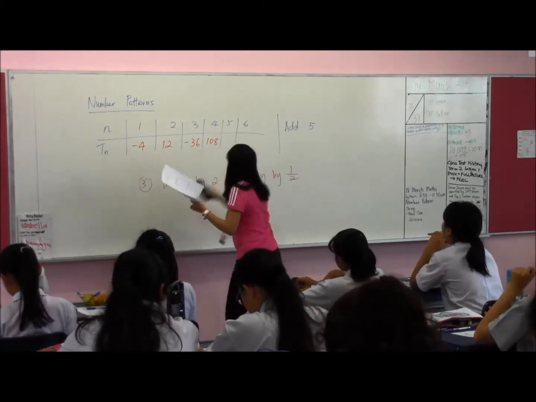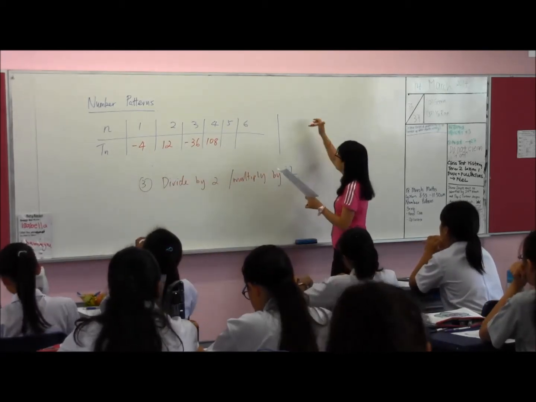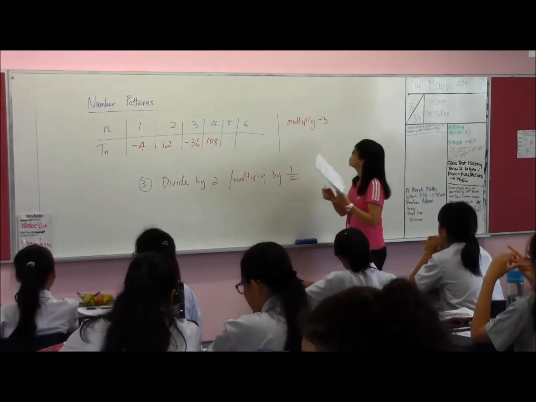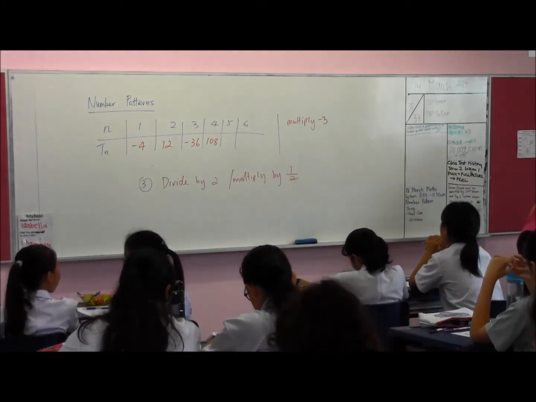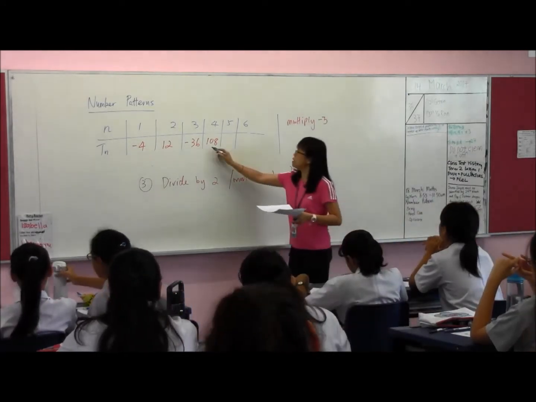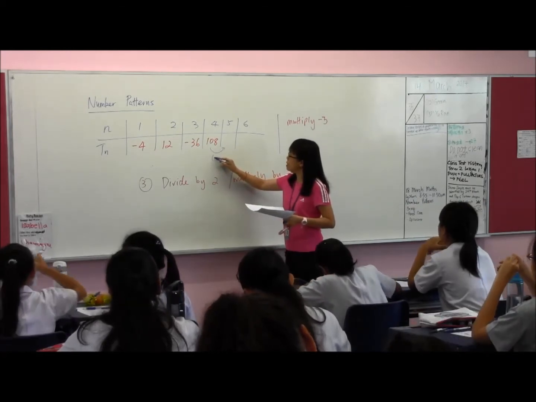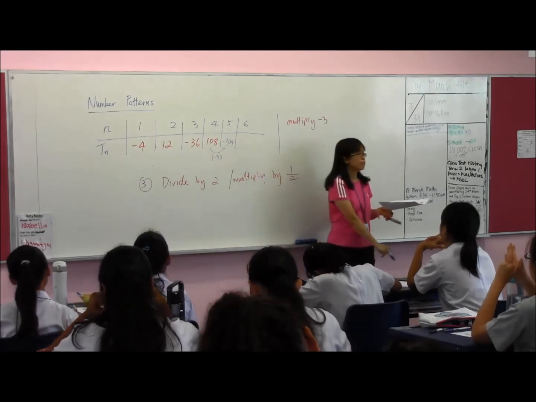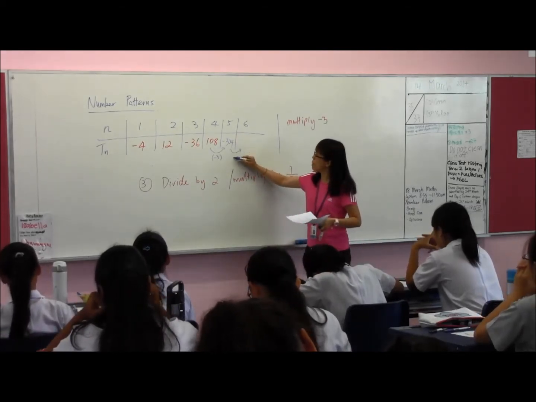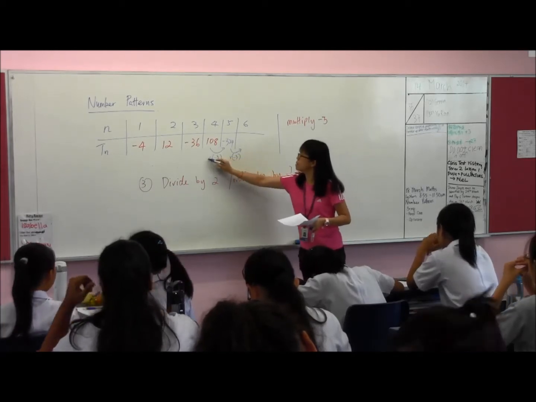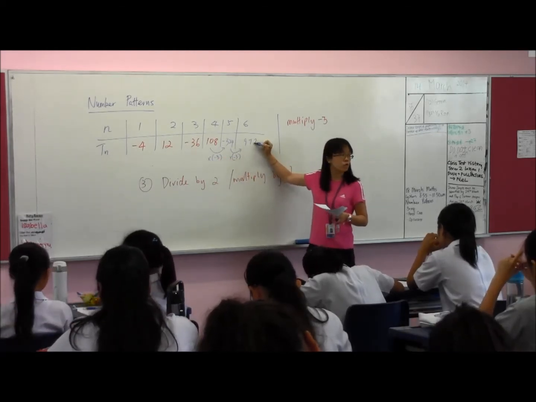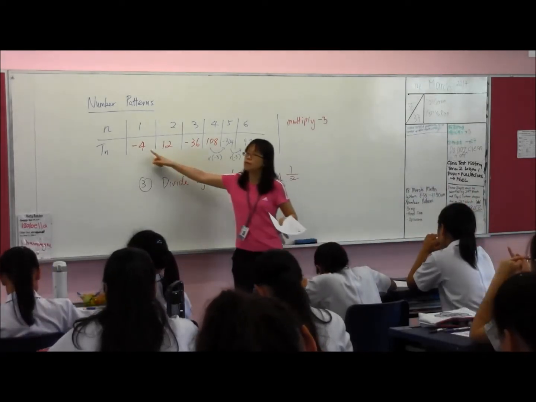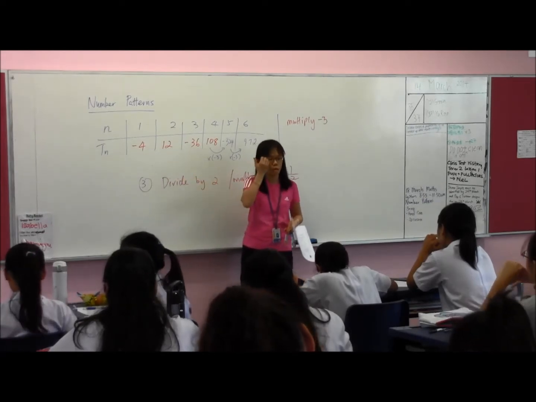So after you have observed, you realize the description here is multiply by minus 3. How you get your answer: when the sign keeps alternating, what do you mean by alternating?